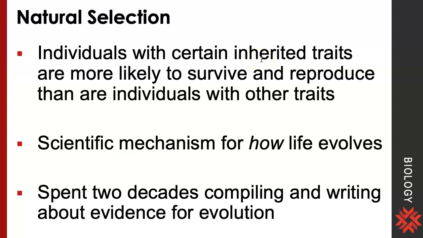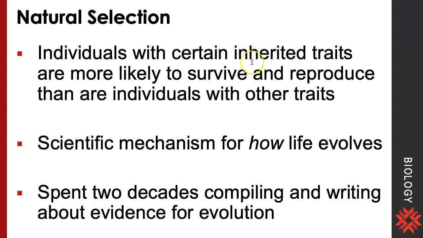So if this trait allows you to survive, have offspring, well then you're handing that trait down to your offspring. And so this was the mechanism for how life could change over time. Well, life is changing over time depending on the environment that these different species are in and what inherited trait is best suited for that environment.